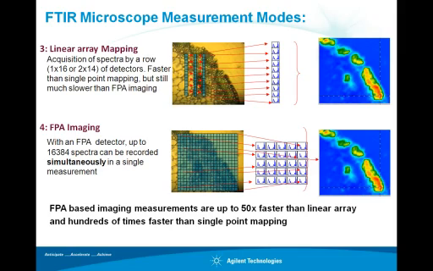And the fourth is the two-dimensional focal plane array imaging, which is essentially a digital camera, or a chemical camera, capturing spectra from across your sample simultaneously. And these focal plane array-based imaging measurements are up to 50 times faster than linear array-based systems, and certainly many hundreds of times faster than single-point mapping.